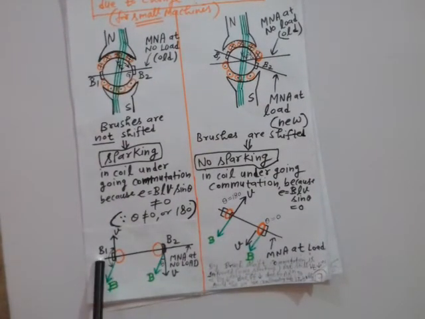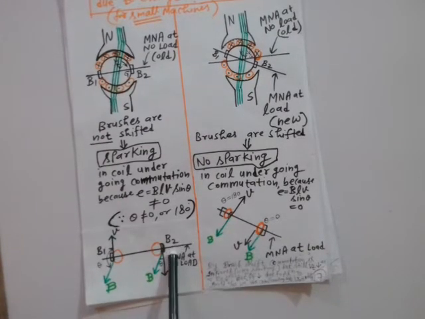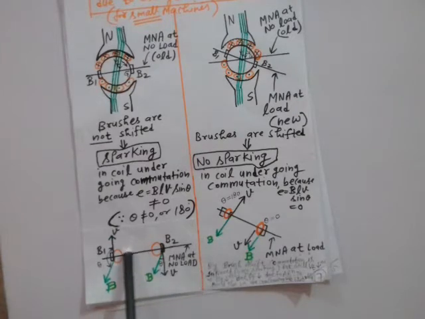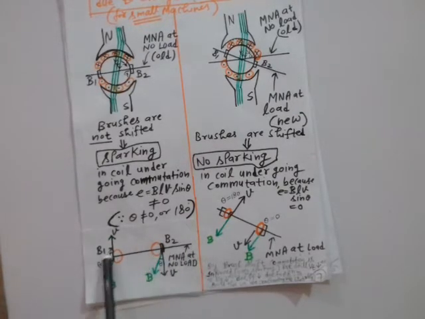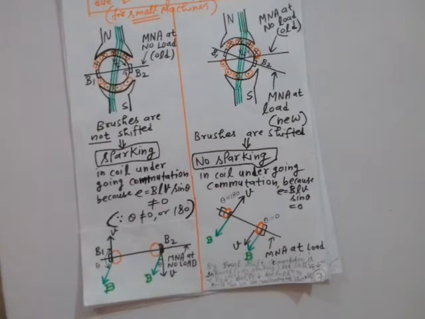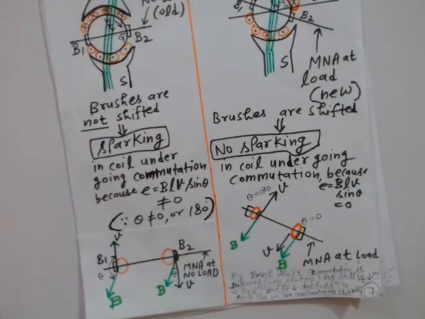B1 is the first brush at its original position without shifting, and B2 is the second brush at its original position without shifting, right? This horizontal line is showing the MNA, magnetically neutral axis, at no load condition, right? So now just analyze.